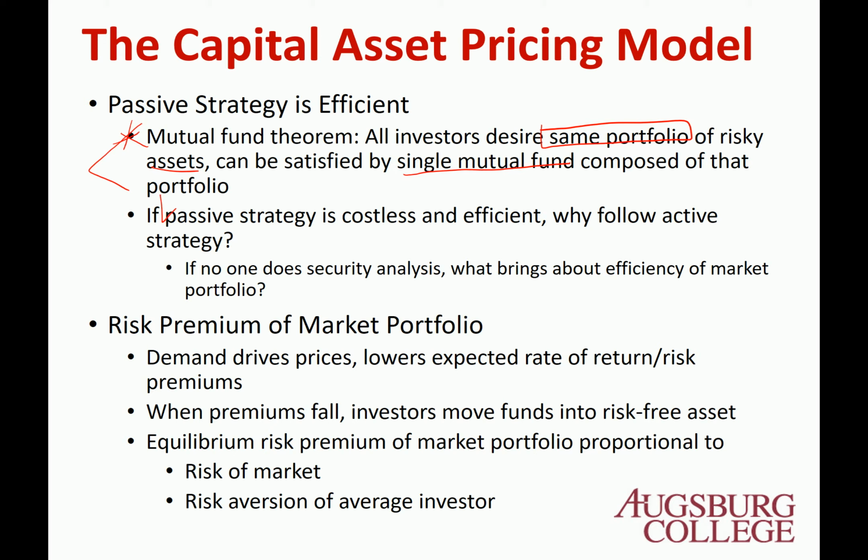There are two different strategies, active versus passive. In an active strategy, we try to find mispriced assets by analyzing the securities. In a passive strategy, we just leave it and get the market return. Active investors try to find positive alpha, or negative alpha to divest.